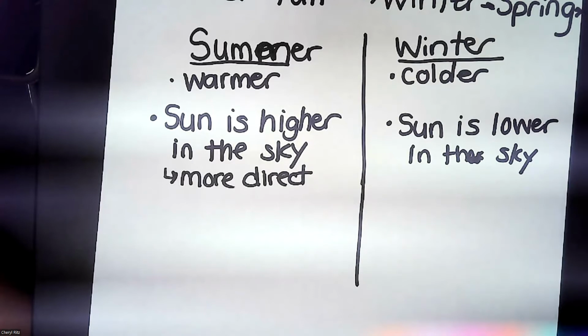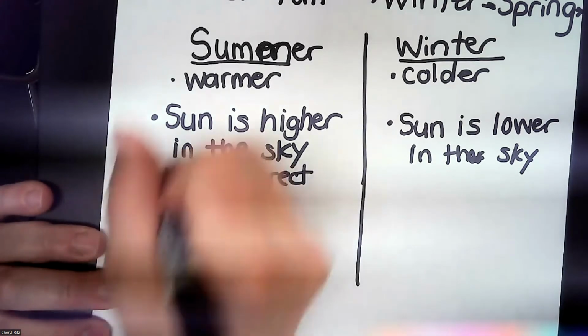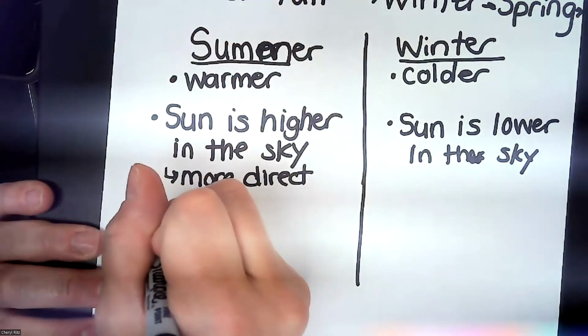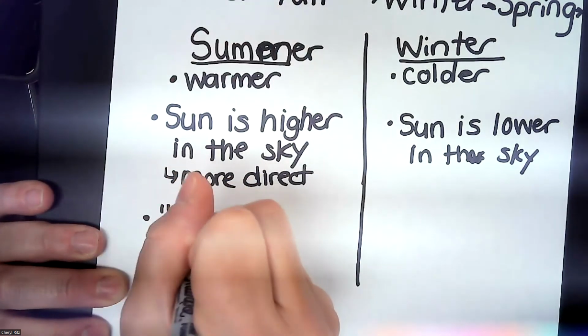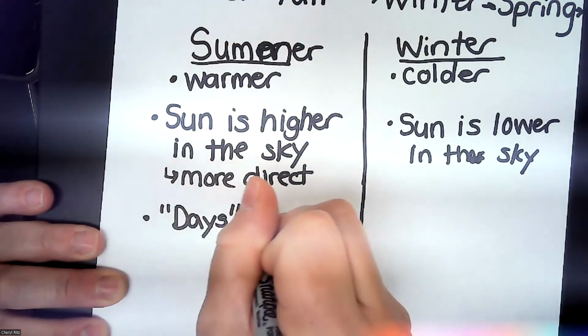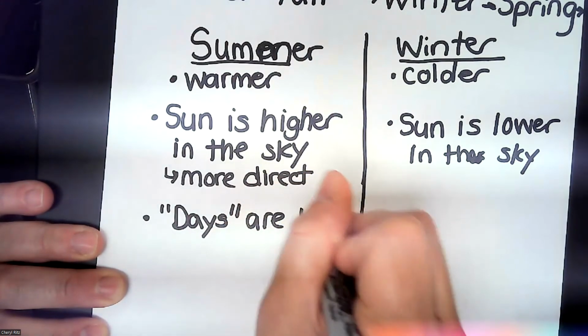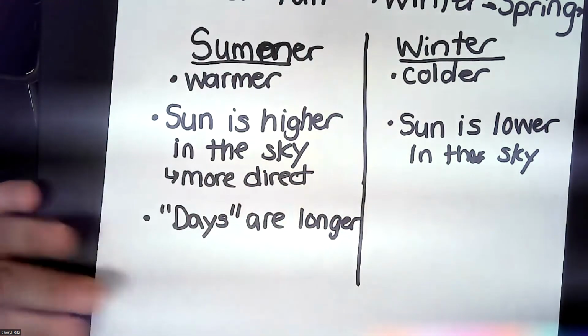What else about the sun do we experience in the different seasons? Now, when you say days, what do you mean by days? Days are longer. So yes, there's still 24 hours.